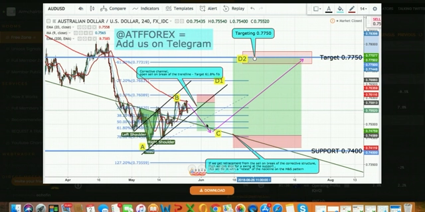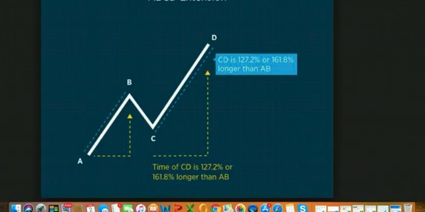So depending if it's going to be on the 50% line, 68%, then you'll be able to project what your next target is actually going to be. So looking at this right here, you can see the ABCD extension, A to B, C to D, with your extension target being the negative 21 and the negative 61.8 fib as well.